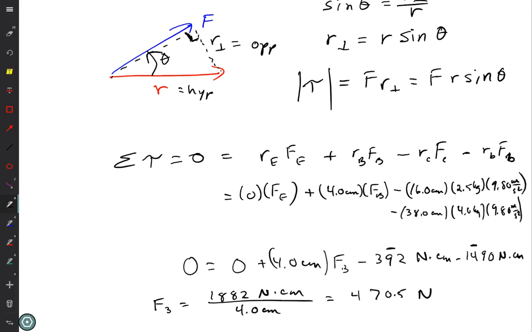When I add those two together, it's going to be the greater of my least significant digit, so it's only good to the 100th digit. Divided, it was actually 2 significant digits divided by 2 significant digits, which makes it real clear that this only had 2 significant digits. So 470 newtons is my correct answer to correct significant digits.